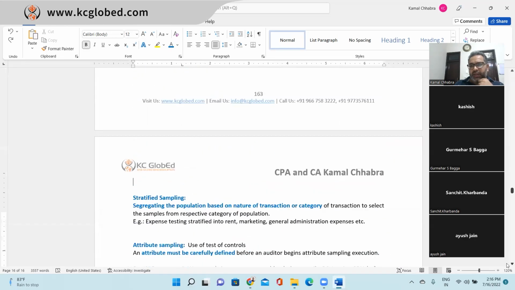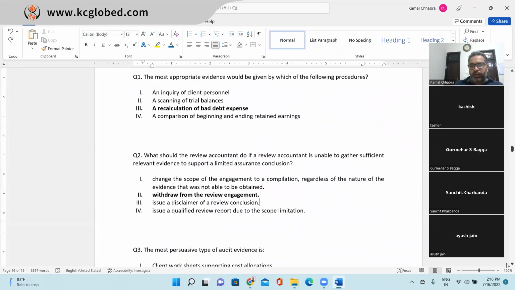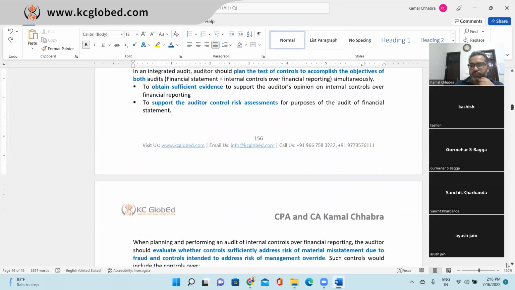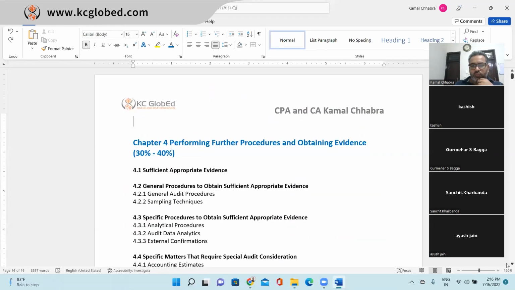You can practice chapter 2 and read through these notes. Next class we'll finish the sampling technique, and then half of the class will be on analytical procedures on Saturday, and then on Sunday we'll finish data analytics and external confirmation. So these three will be the target for next week.